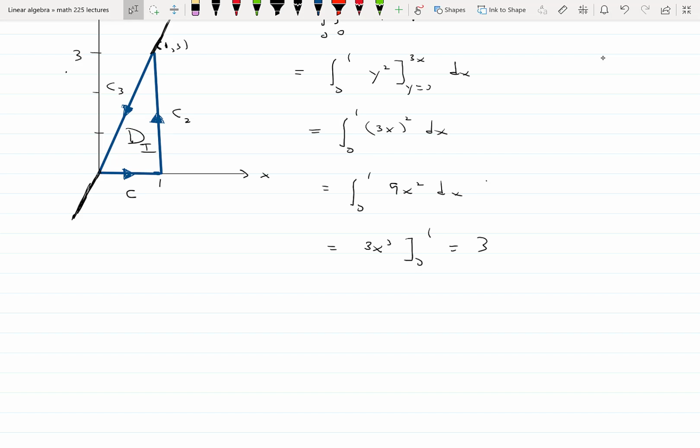And in the case of Green's theorem, don't rule out Green's theorem and necessarily evaluate the line integrals directly. Green's theorem can be used to evaluate line integrals by converting them to double integrals, where the double integrals can be much easier to evaluate.